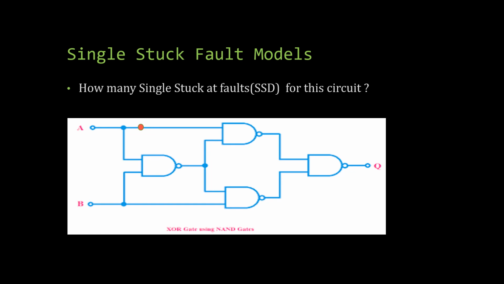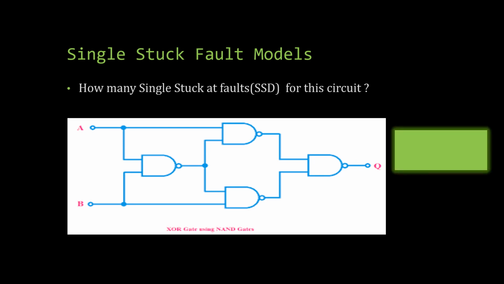Why? Because fan-out stems and fan-out branches are considered as separate lines in SSFs. Now 7, 8, 9, 10, 11 and finally 12. So here we have K equal to 12, therefore the number of SSFs is 2 times 12, which is equal to 24. So the answer is 24 single stuck faults in this circuit.